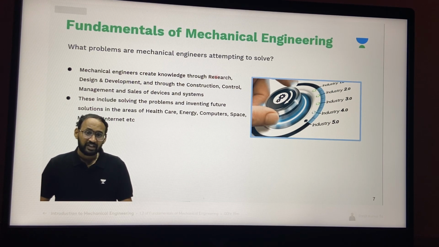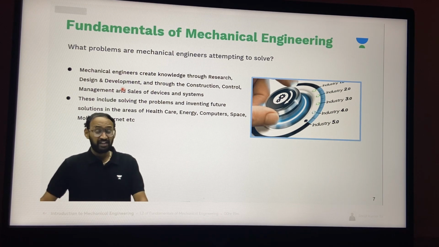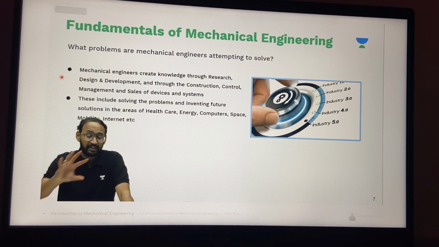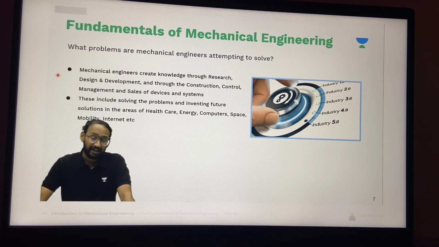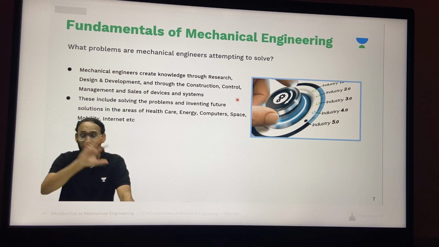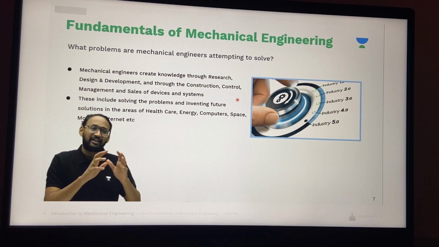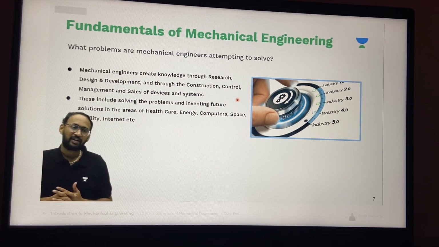So research and development is key for mechanical engineers for creating this knowledge base. And they also create products through construction, control, management, and sales of devices and systems. So these are some of the areas where mechanical engineers have a hand, right?